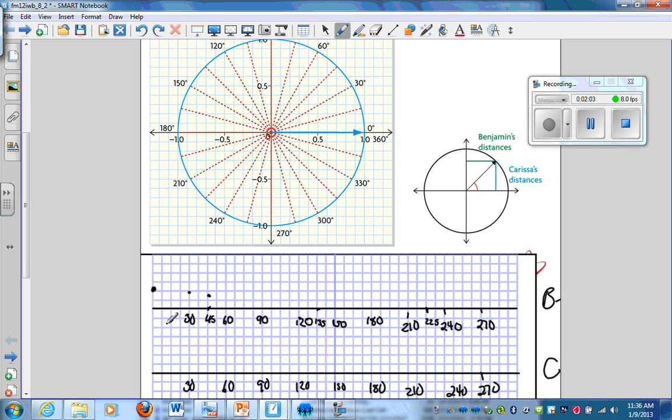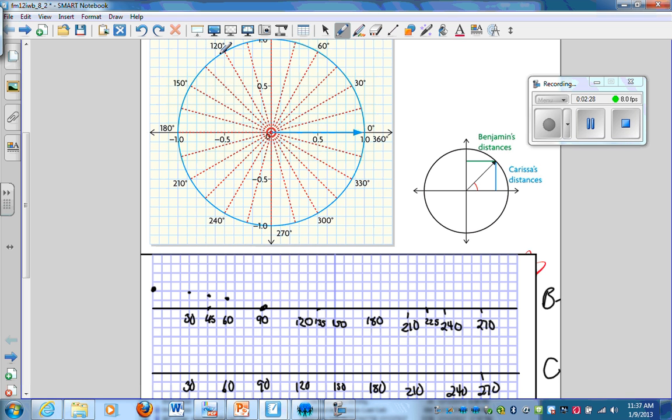And notice my scale, every 4 is 30 degrees. So 45 is half in between. At 60, I have about 0.5. And then at 90, you can see that my x distance is 0.